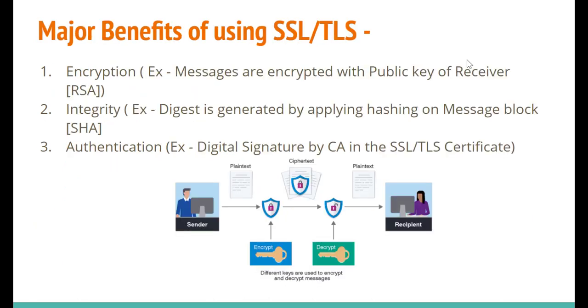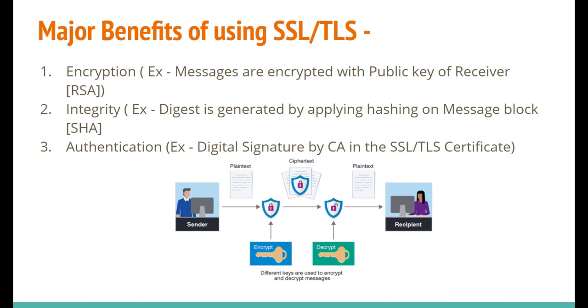So let's have a look into the major benefits of using SSL or TLS. SSL is basically Secure Socket Layer, and TLS is the successor of it. The full form is Transport Layer Security. The first one is encryption. Encryption is the process of converting the human readable message or data to a random format. For this purpose, we are about to use the RSA algorithm.